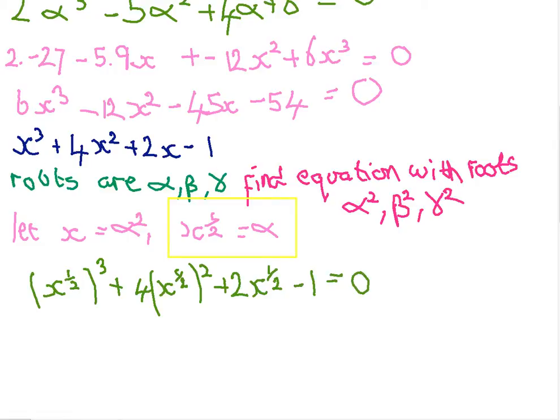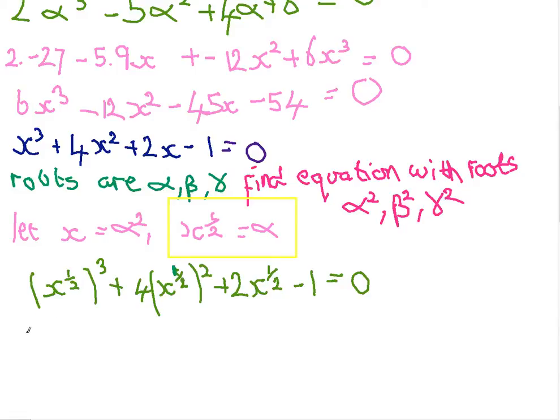Sorry, that should have been equals 0 there as well. Okay, this equation now, that's to the half. This equation now has roots alpha squared, beta squared, gamma squared.